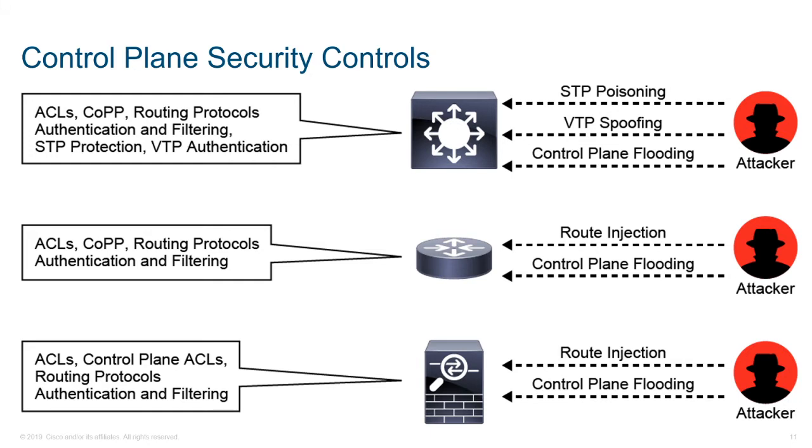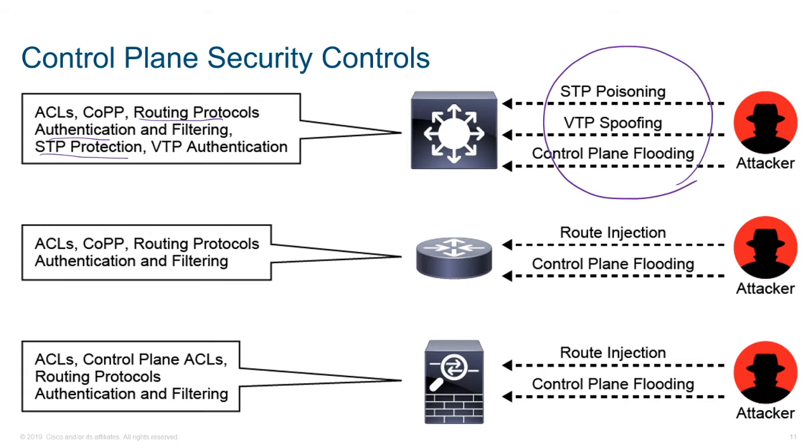There's actually a chart a little bit later in the courseware that'll show you what is applicable to whether it's ASA or iOS, etc., etc. But we see some examples of some of the different types of attacks that, of course, could infiltrate our control plane. So there's things like routing protocol authentication and filtering or spanning tree protection, which we can implement.